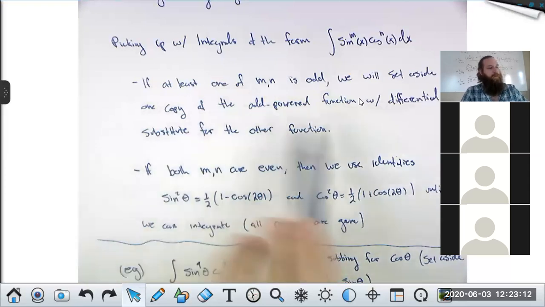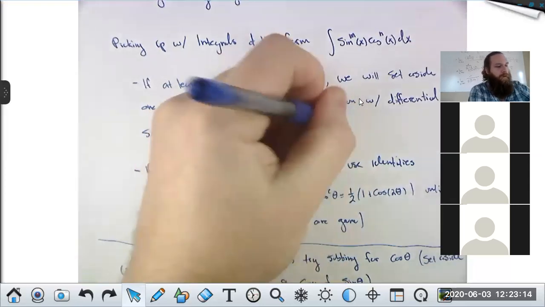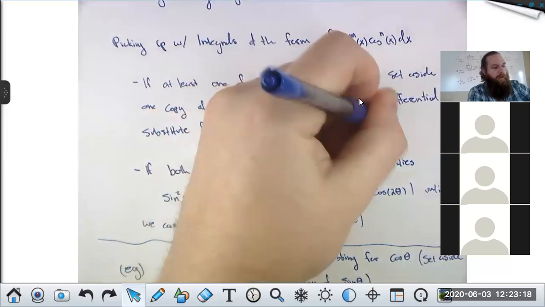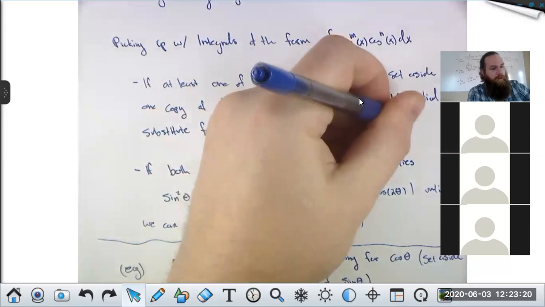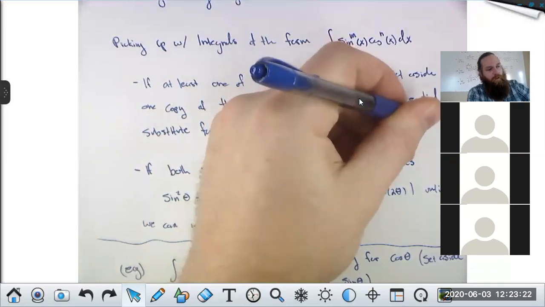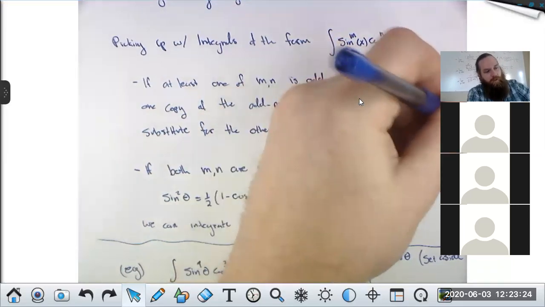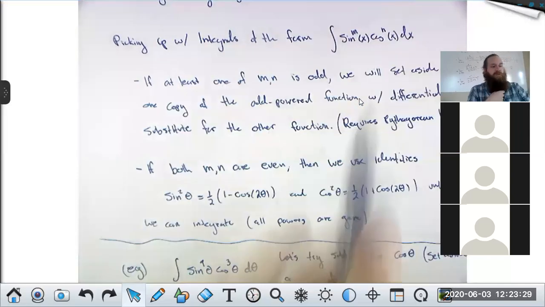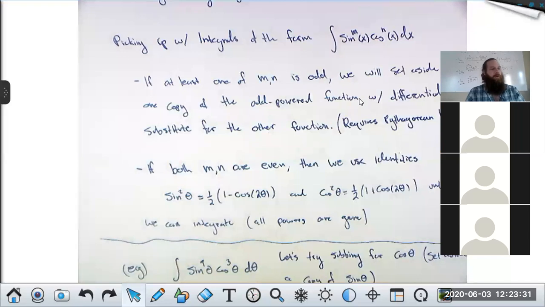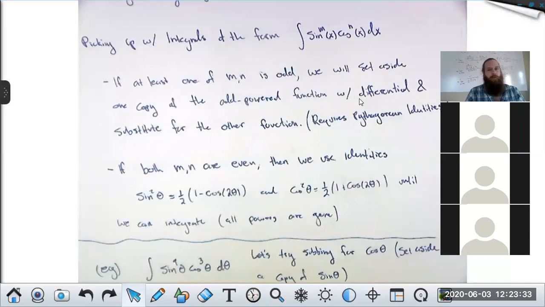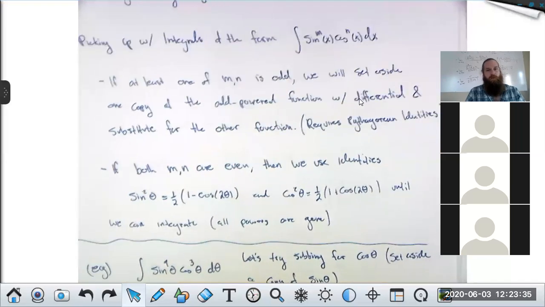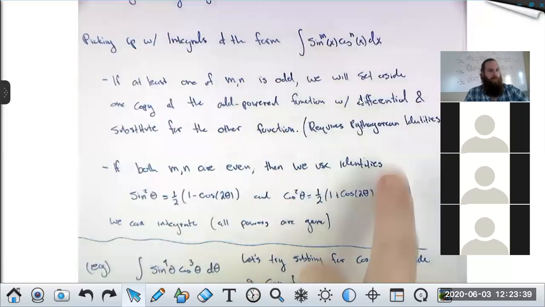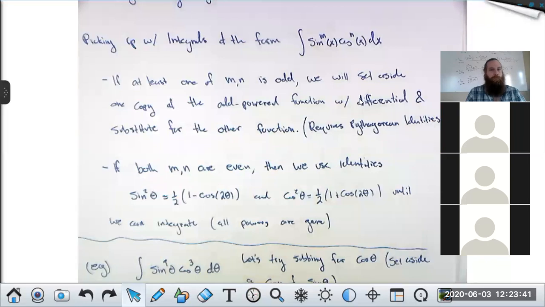The way to make that substitution go through will require Pythagorean identities, because you're still going to have copies of the other function. If you substitute for sine, you're still going to have copies of cosine floating around probably. So you'll need to rewrite those cosines as sines using Pythagoras. But it's a straightforward, simple u sub that just maybe requires a little Pythagorean work.